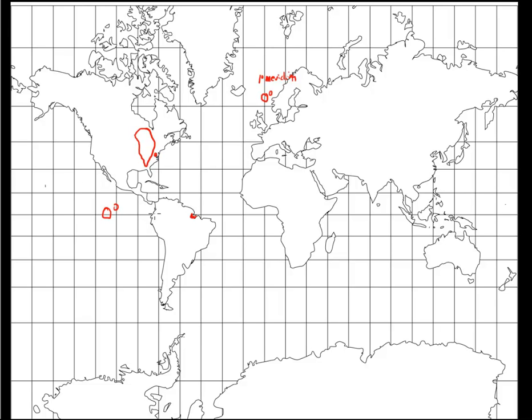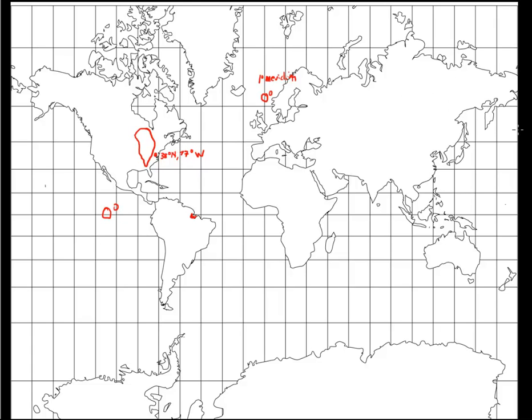So if you actually look at it, we go 15, 30, there's 45, so we get right around 38 degrees north by, and we have 15, 30, 45, 60, there's 75, like 77 degrees west. And you can find the location of any place you want.